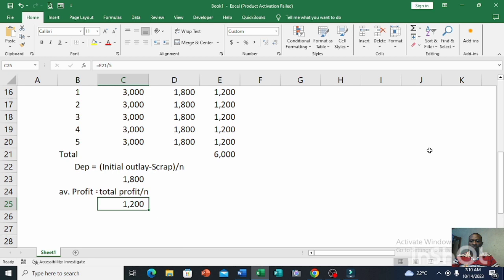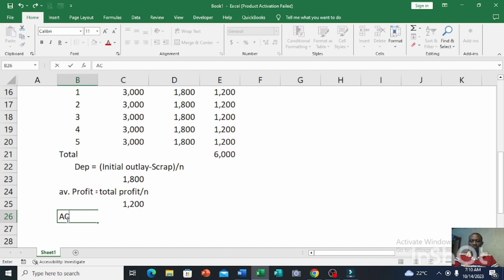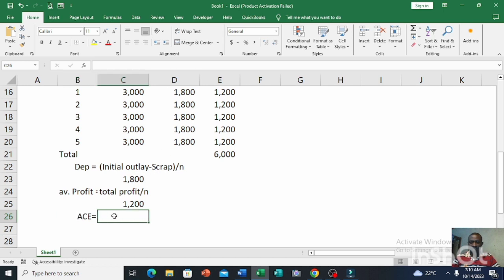So the next thing that we have to calculate is the average capital employed. Average capital employed, which is given by what? The initial outlay plus scrap divided by 2.